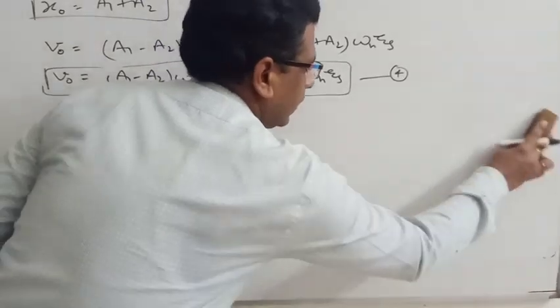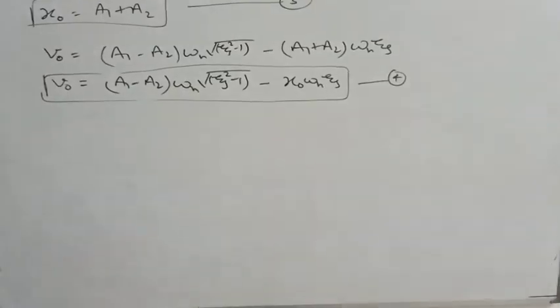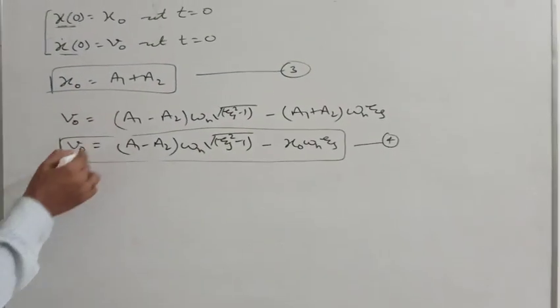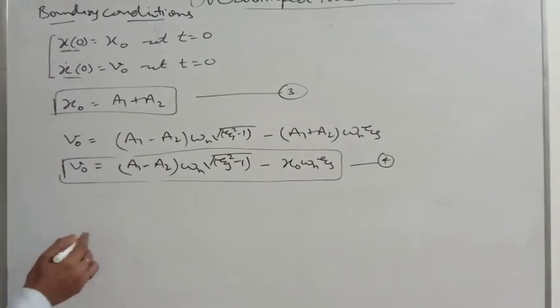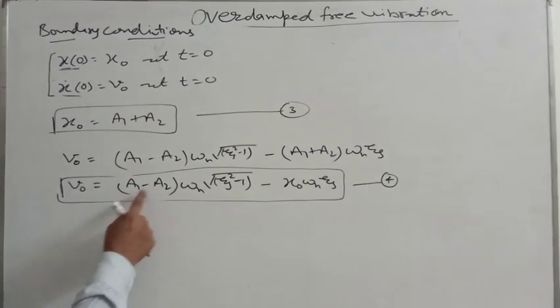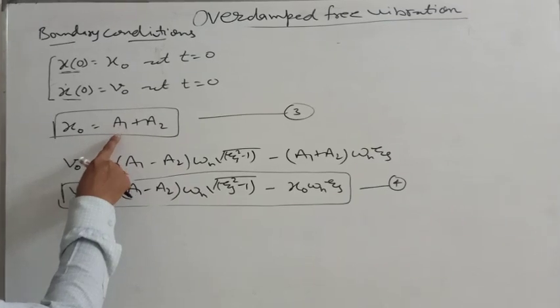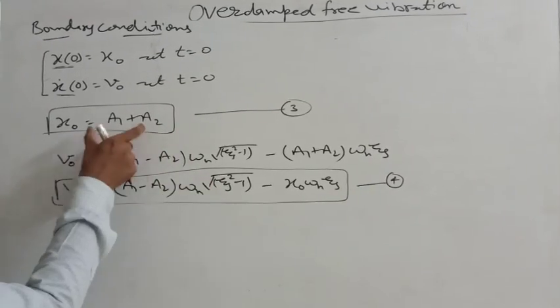Now if we want to find out the constants a1 and a2, we have two equations and two constants. Considering that this is a1 minus a2 and this is a1 plus a2, multiply this equation on both sides by omega n under root of zeta square minus 1.